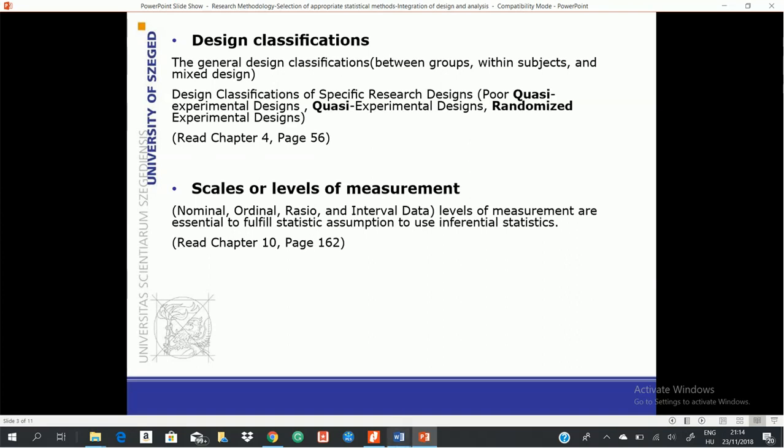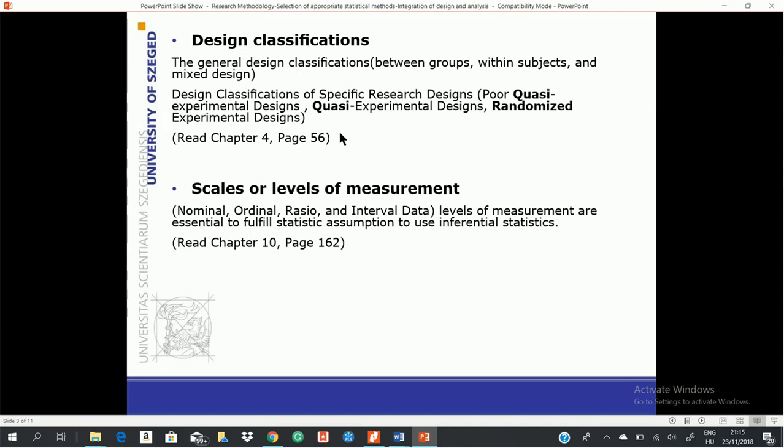You can read in chapter 4, page 56, but I want to explain the meaning of quasi-experimental design and randomized experimental design. The reason for the names quasi and random is that quasi does not take a sample by random, but randomized experimental design decides the sample by random sampling.